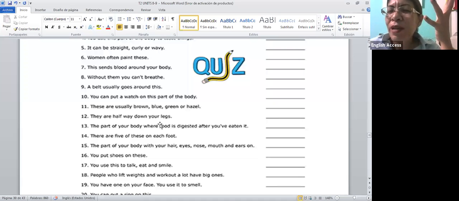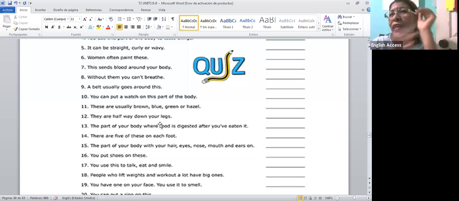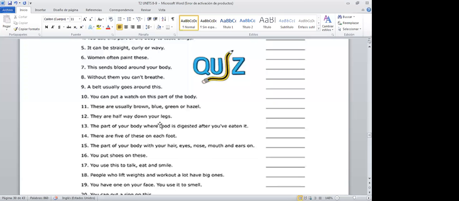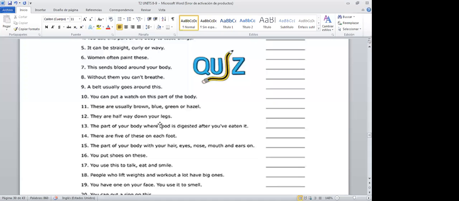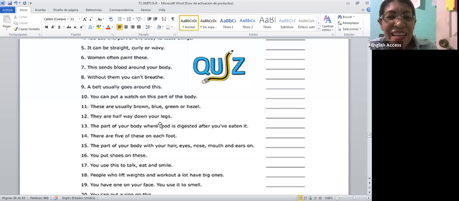Wrist? Wrist, yes. Here, wrist. 11. These are usually brown, blue, green, pastel. Eyes. Eyes, correct, your eyes.